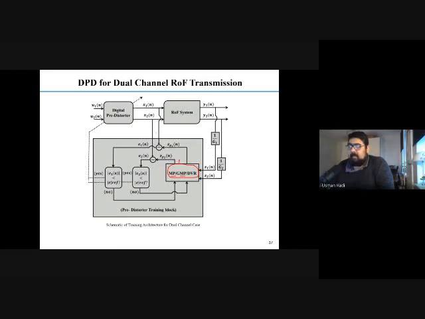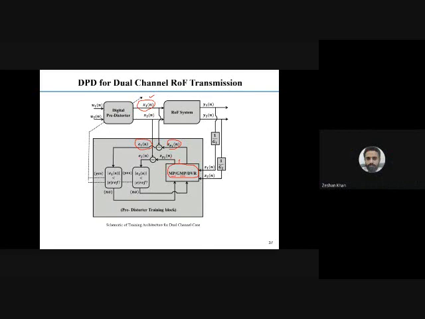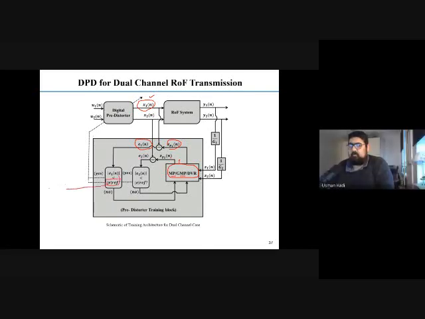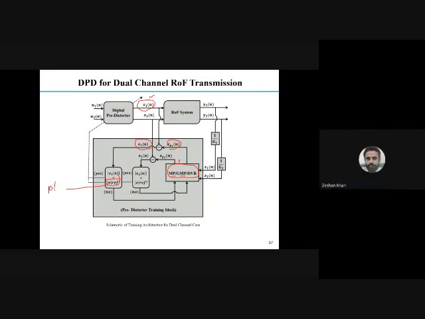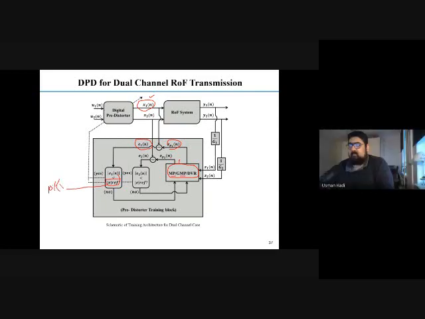Then you compare the output ZP1 with the X1, which is the ideal input, and find the error here. Now, this error has a reference that we set as, let's say, 10% of the X1.